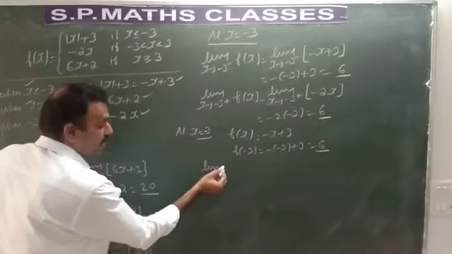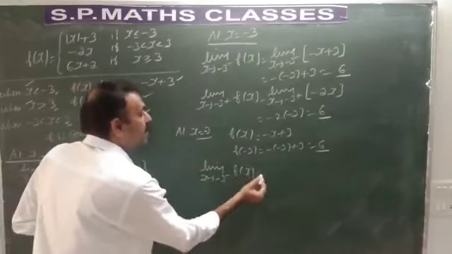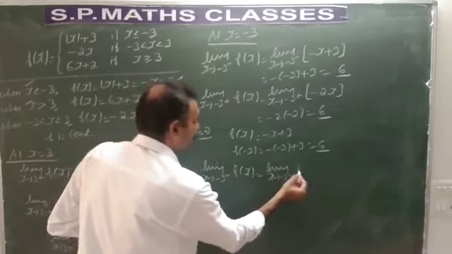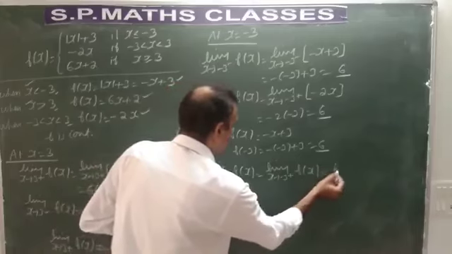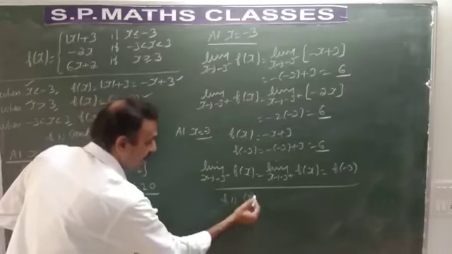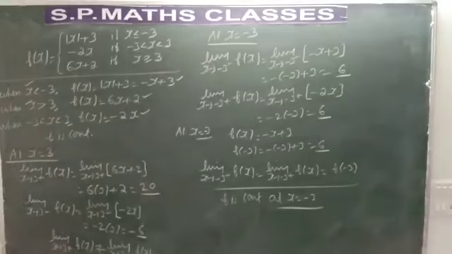So what is the answer you get? The limit as x tends to minus 3 minus, the left hand limit, and the limit as x tends to minus 3 plus of f of x, the right hand limit, are equal to f of minus 3. So f is continuous at x is equal to minus 3. So what is your conclusion?